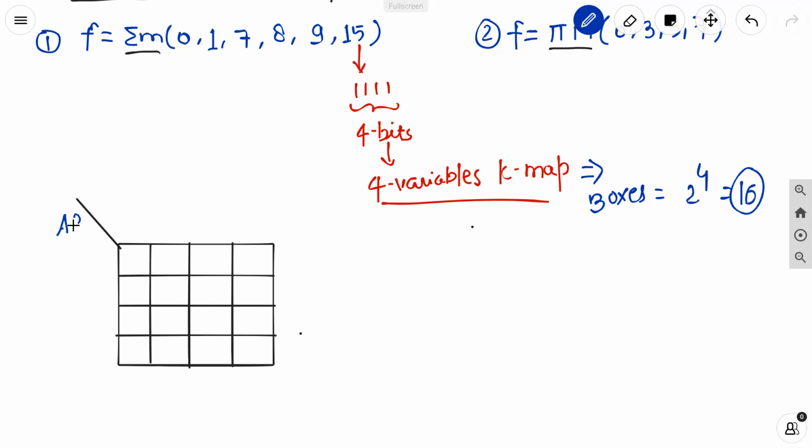So it is AB and CD, meaning 4 variables A, B, C, D, and 16 boxes are required.